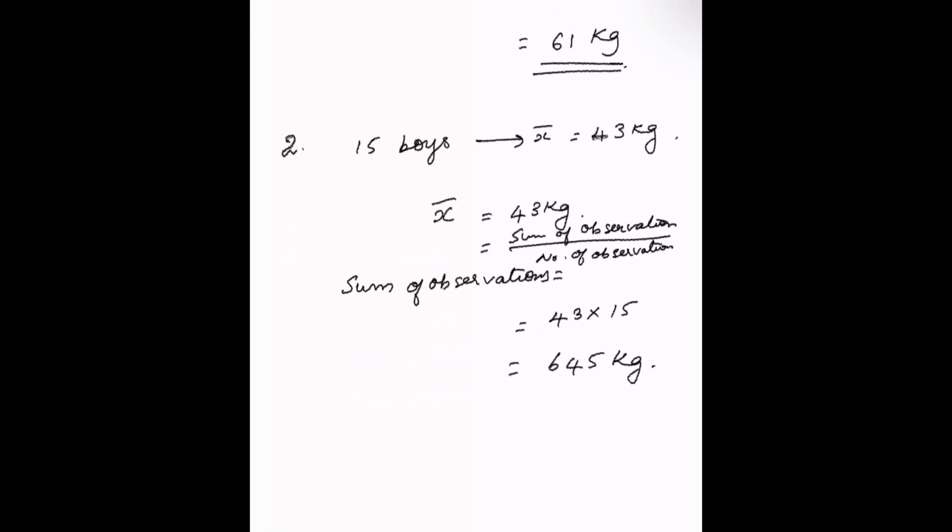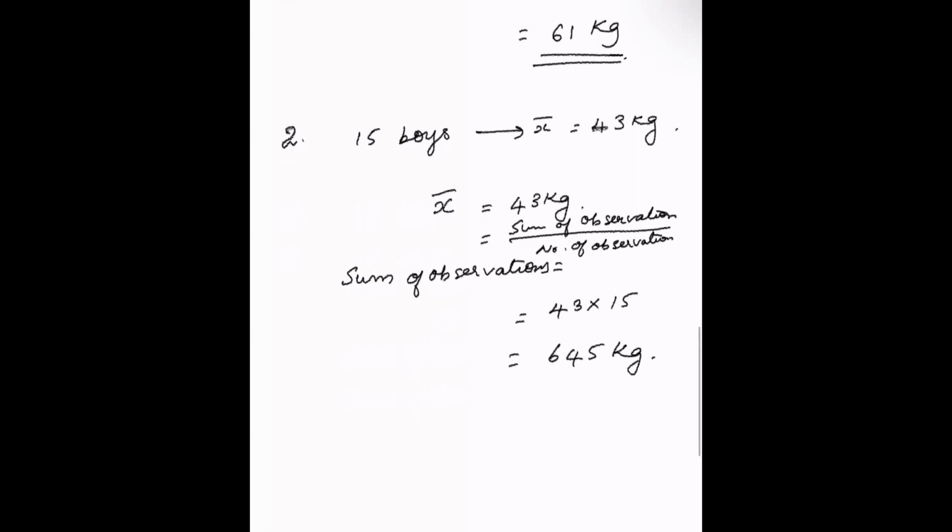Or you can write sum of weights for 15 boys. Then I am writing sum of weights for 17 boys. It's going to be 645 plus 2 more boys got added, and their weights are 34 kilo and 35 kilo.